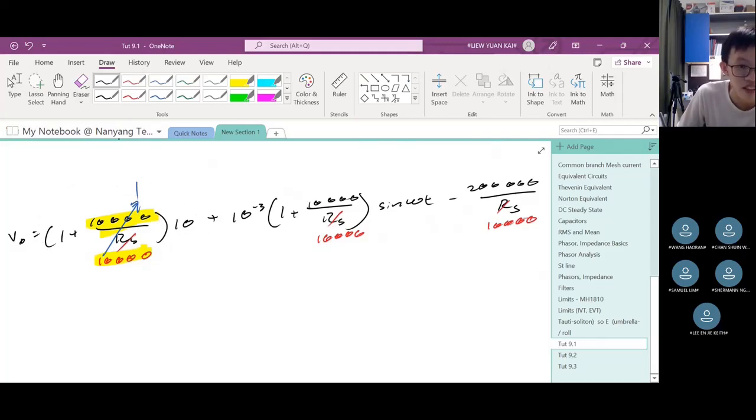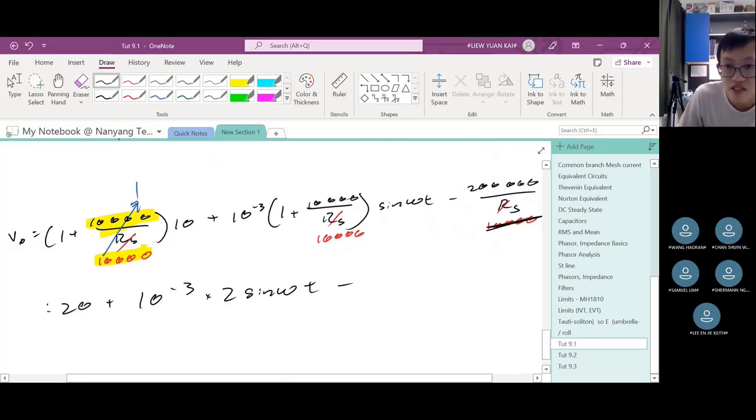2 times 10 is 20. So this is 20 plus 10 to the negative 3. Inside here is also 2, right? 1 plus 1. So this is times 2 sine omega t minus. See, you take 200,000 divided by 10,000. So 4 zeros, you can cut 4 zeros. So this becomes 20. You see, this is positive 20.